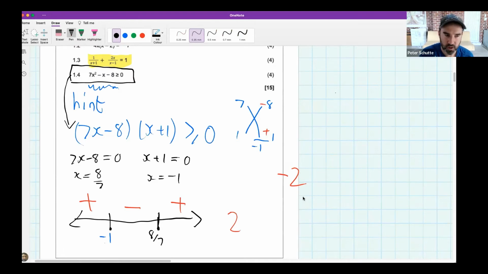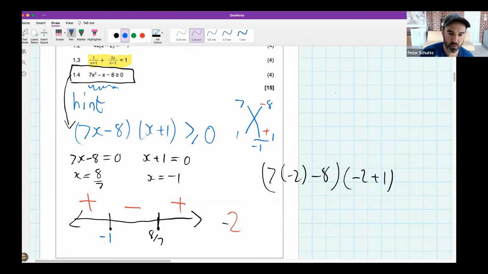Let me give you a moment. We can do another example after this one, yes. Okay, so be careful, it's actually going to be positive. If you imagine putting -2, 7 times -2 minus 8 is the one bracket, and the other bracket is -2 plus 1.